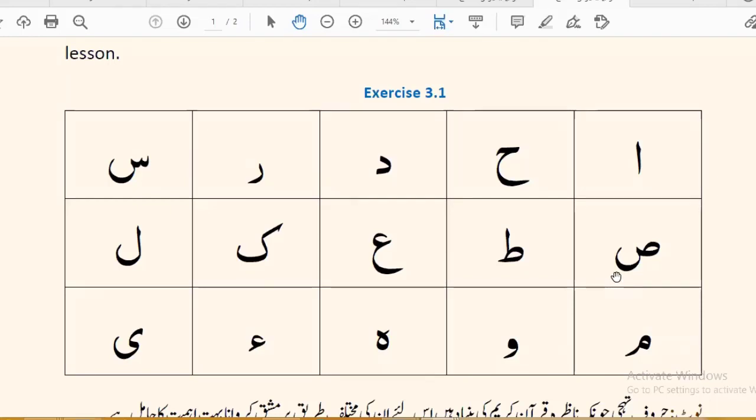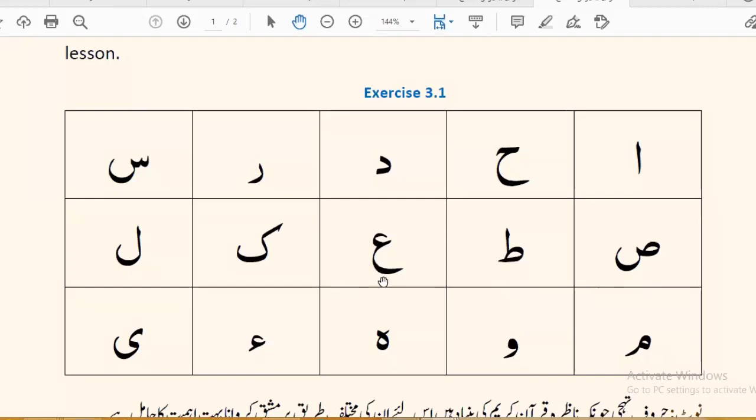Sad. Perfect. Next one is, repeat after me. Ta. Excellent. This is also a thick sounding letter, just like Sad. So we're going to round our mouth when we say it. One more time. Ta. Brilliant. This one is Ain.